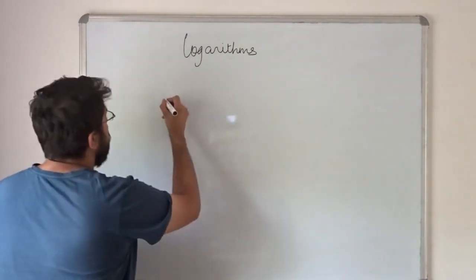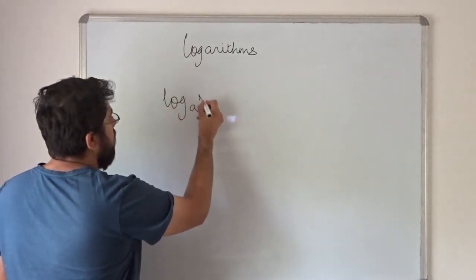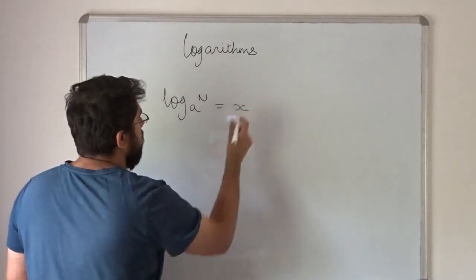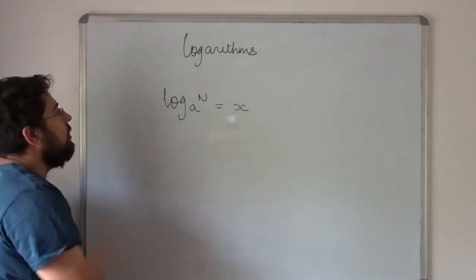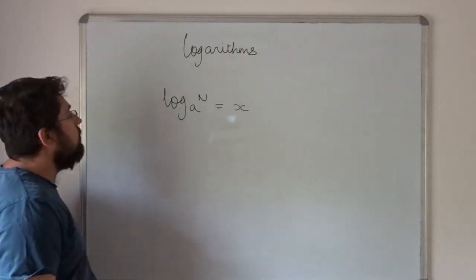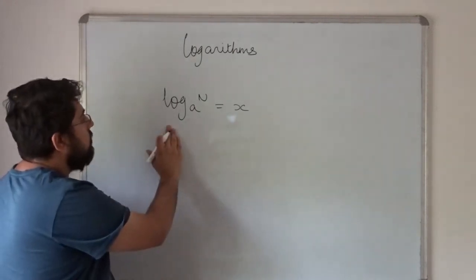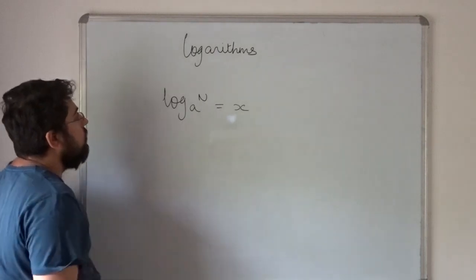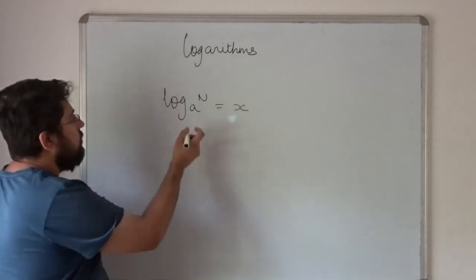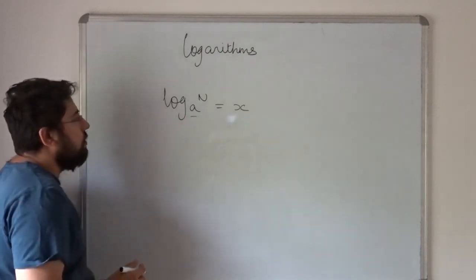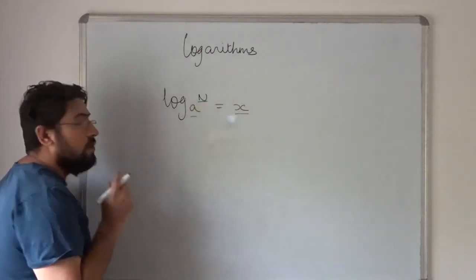So basically, I'm sure all of you understand that you have log base a to the power n equals x. I'm sure you've heard of this logarithmic equation before. It's actually pretty simple to understand. Here a is the base, x is the exponent and n is a natural number.